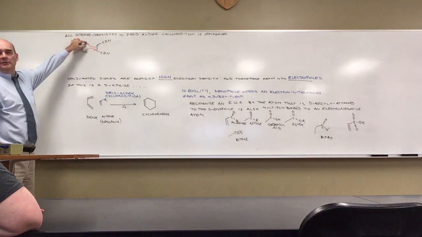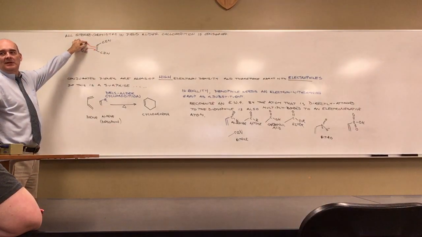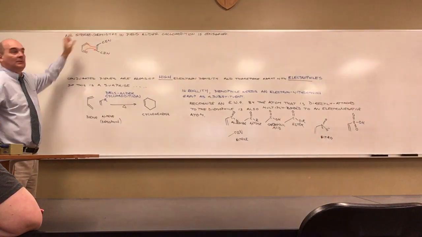Well, that carbon already has 4 bonds. Double bond to a carbon and then 2 bonds to hydrogens that we can't see because we've left them off. Trying to make a new bond to it, it's going to let go of its weakest bond. What's its weakest bond? The pi bond.